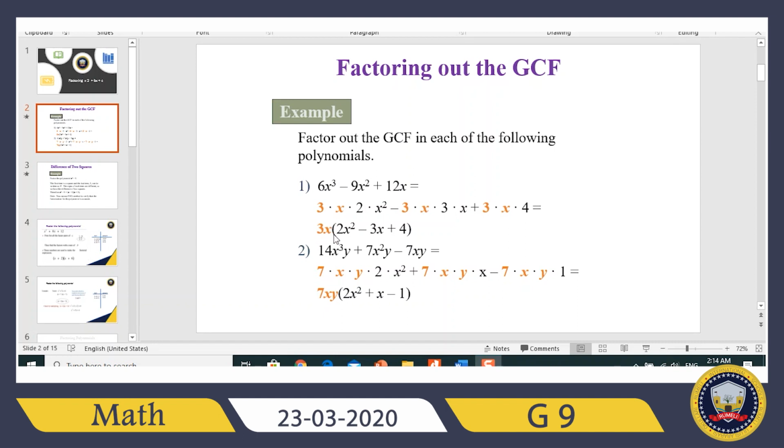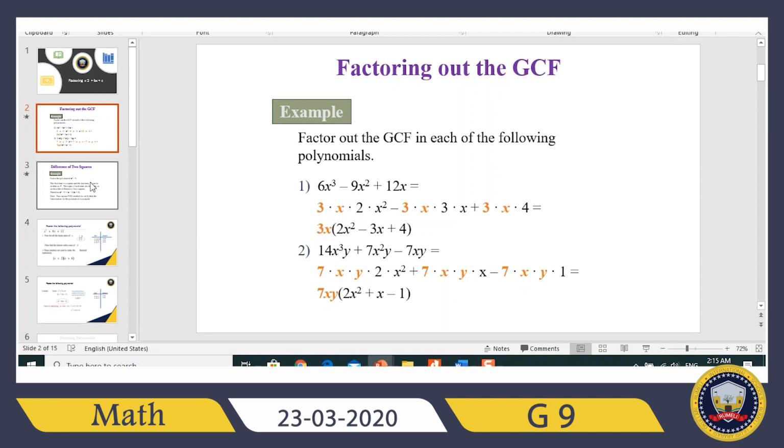Then I open a bracket, then I write what's remaining from the 6 after taking away 3 as a common factor. The remaining will be 2. After I take 1x from the 3 x's, the remainder will be x power 2 minus 3x plus 4. You remember this? We know previously how to factor a polynomial by GCF. This was our first method in factorizing.